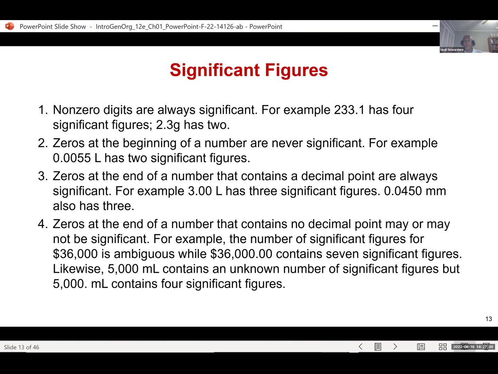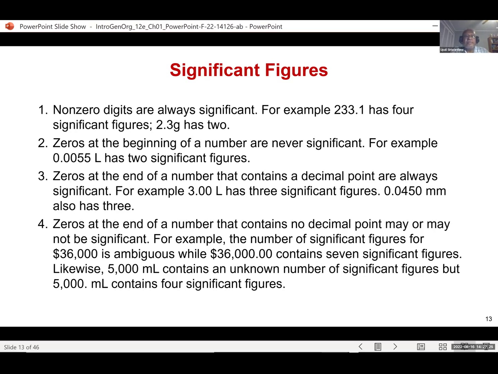Those 3 zeros in 4,000 are trailing zeros in a whole number. There's no decimal point. Those 3 zeros are not significant. Therefore, significant figure is 1. Okay?